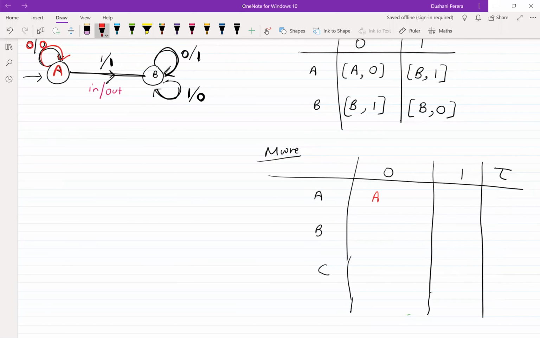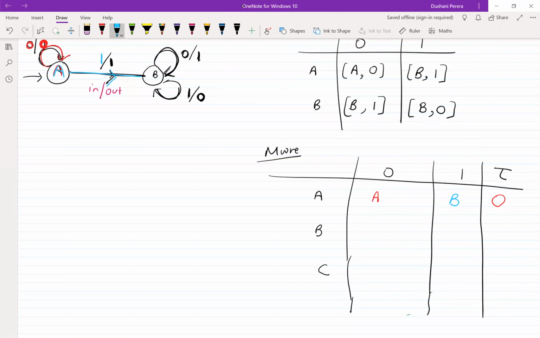You print 0. So the output associated with that is 0. Why? Because you print a 0 there over here. Then what happens when you get a 1? When you're at A and you get a 1, you go to B.